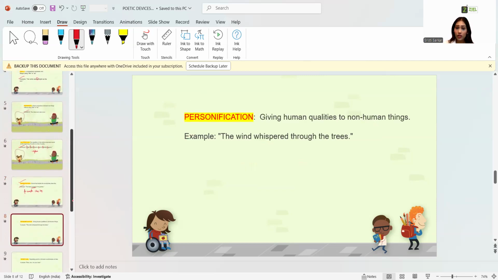Personification. Personification is when a non-human thing is given human-like qualities. Not just a non-living thing. Any non-human thing is given human-like qualities. For example, the wind whispered through the trees. Wind is a non-human thing. Whispered, human quality. Let's take another example.